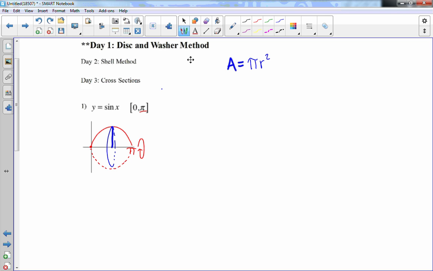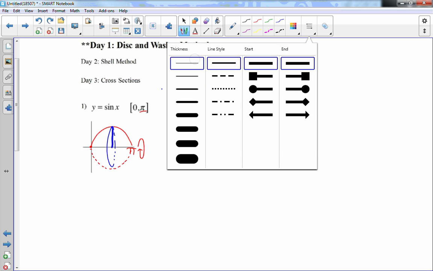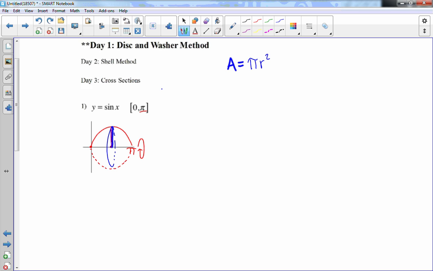And the radius of any of our circles is what? The radius of any of our circles is f of x. Okay?